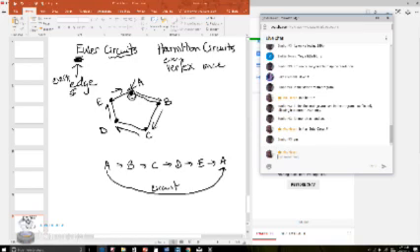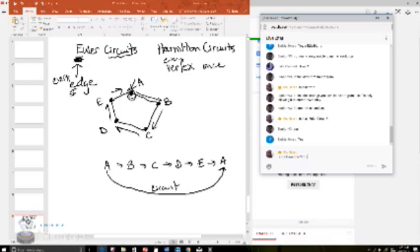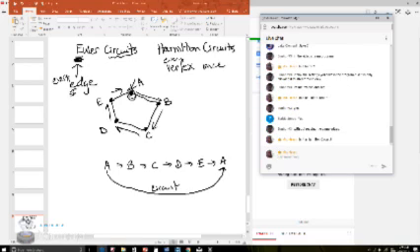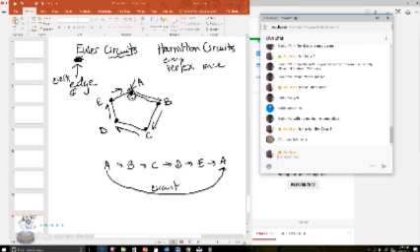Yes, okay, you're correct. And what about, is it a Hamilton circuit? Without reusing the same edges, that's right, only once. Yeah, and it's also a Hamilton circuit because it visited every vertex exactly once.